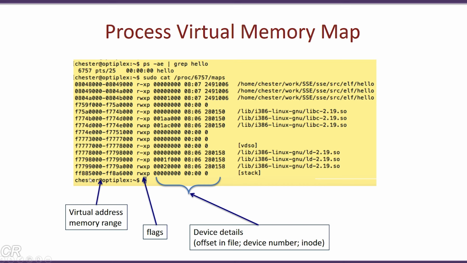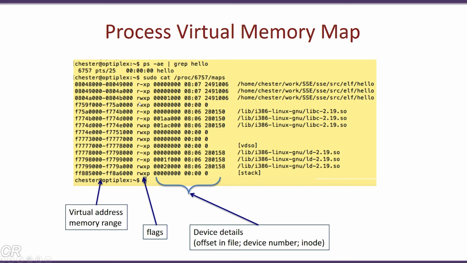This column specifies the virtual address ranges for the various segments. For example, in the hello executable, we have a segment which starts at 08049000 and ends at 0804A000. The second column specifies the flags for each segment.